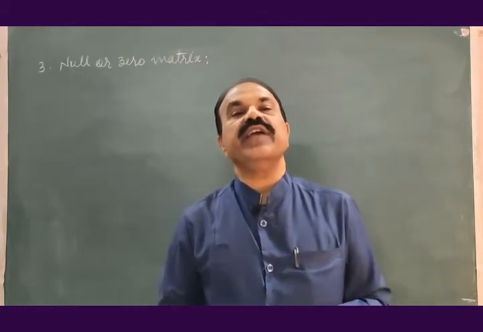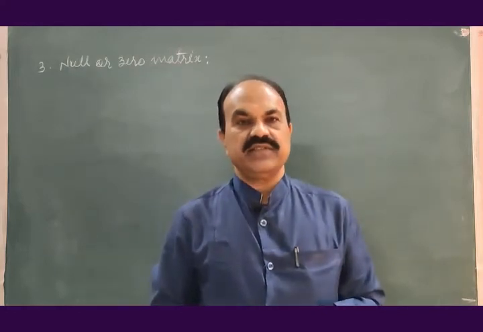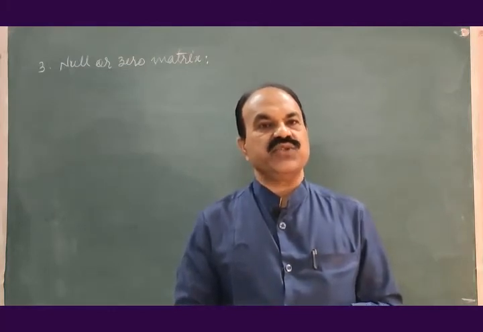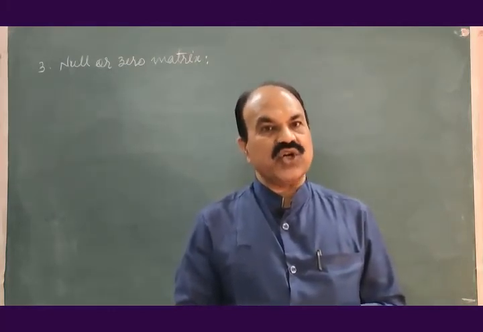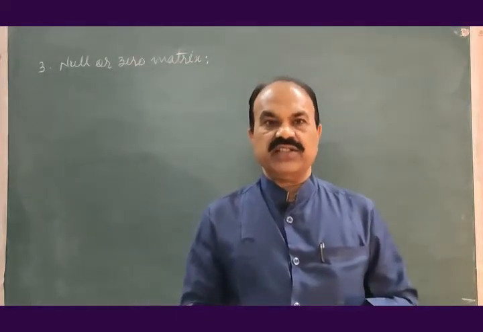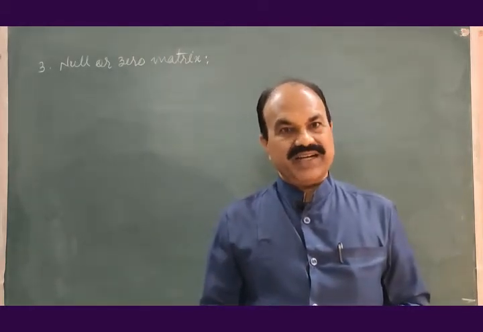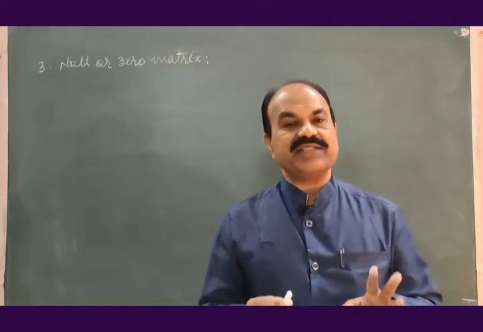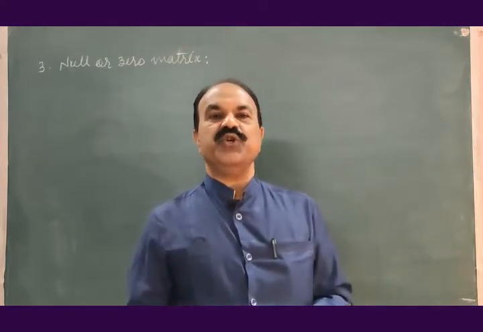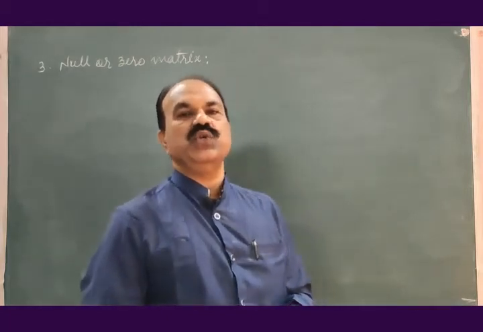A matrix of any order which has all 0 elements is known as a null matrix or zero matrix. Irrespective of the order of the matrix, all elements of that matrix should be 0.